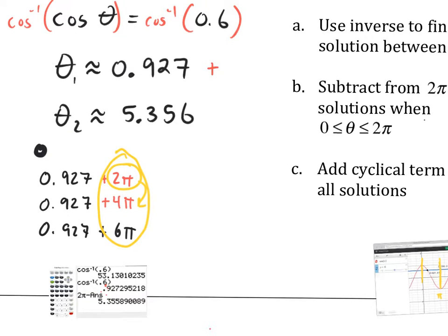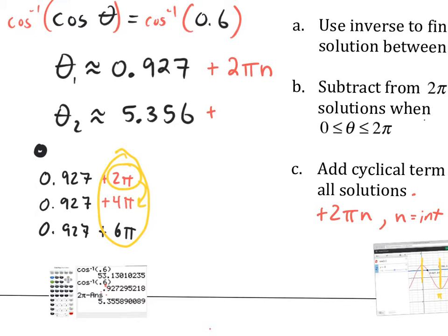So to find the general solution, I just say it's 2 pi times n, and n being whole numbers. In fact, they can also be negative, so n has to be an integer, plus 2 pi n, where n is an integer.